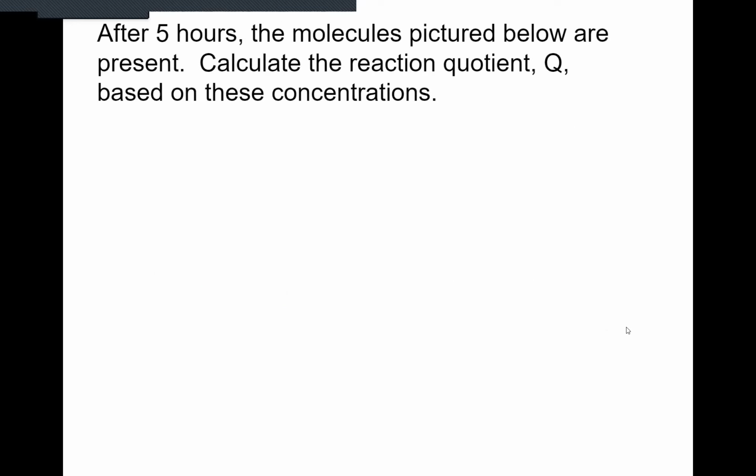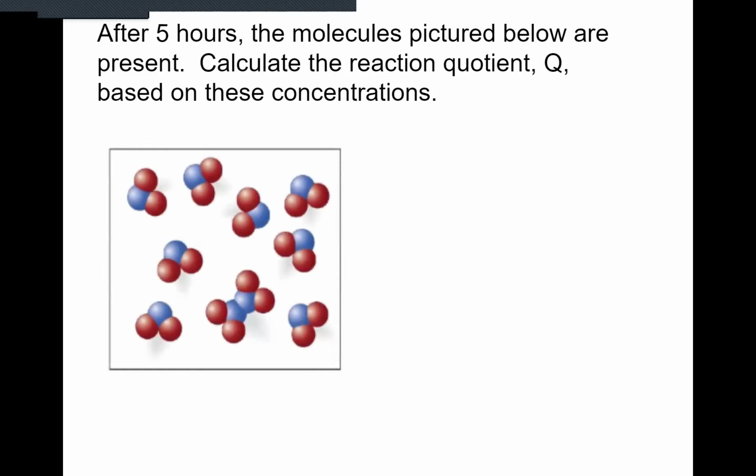Let's consider another one. The chemist continues to study the reaction, and she waits 5 hours and takes a sampling of the molecules in the reaction vessel, and this picture is going to represent that. Again, we're going to calculate Q. Notice this time we've got one of the product molecules.